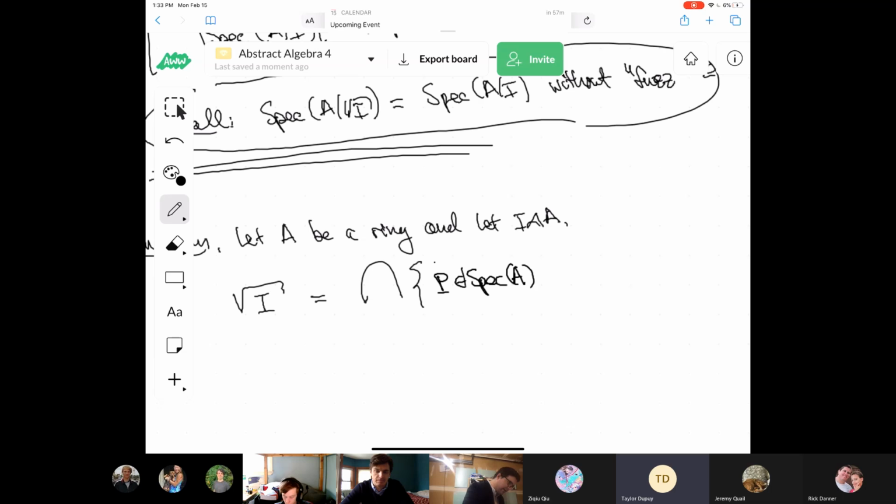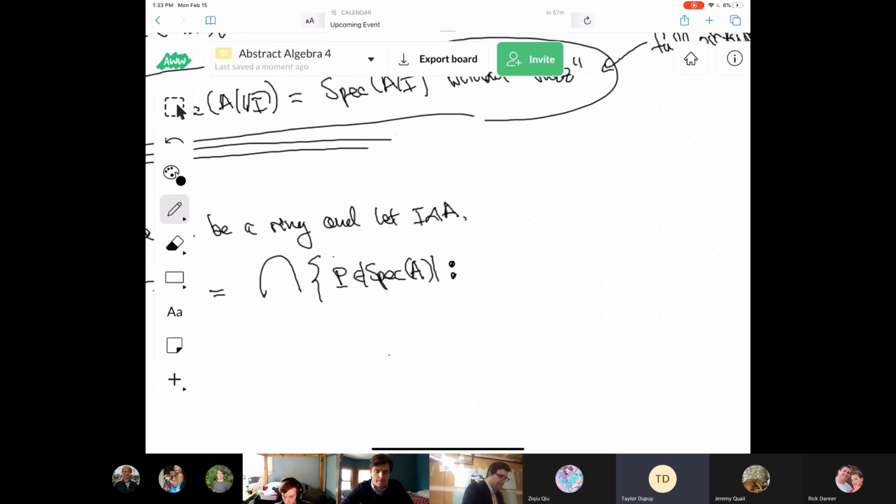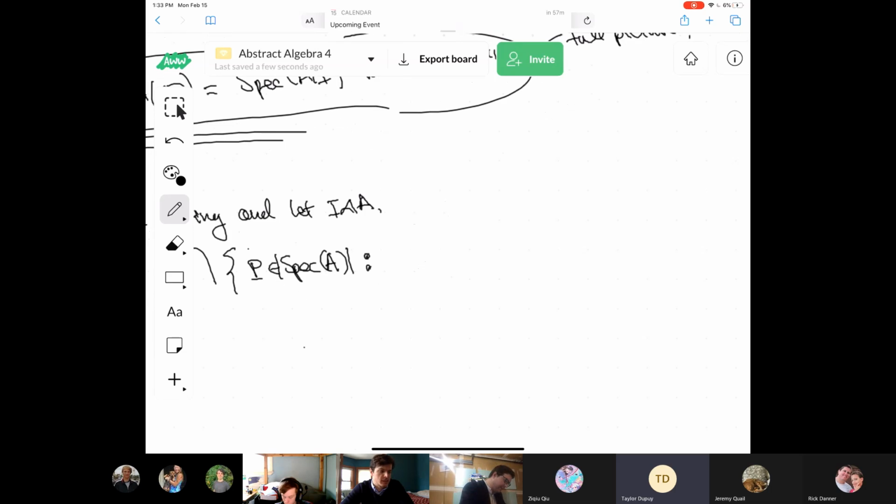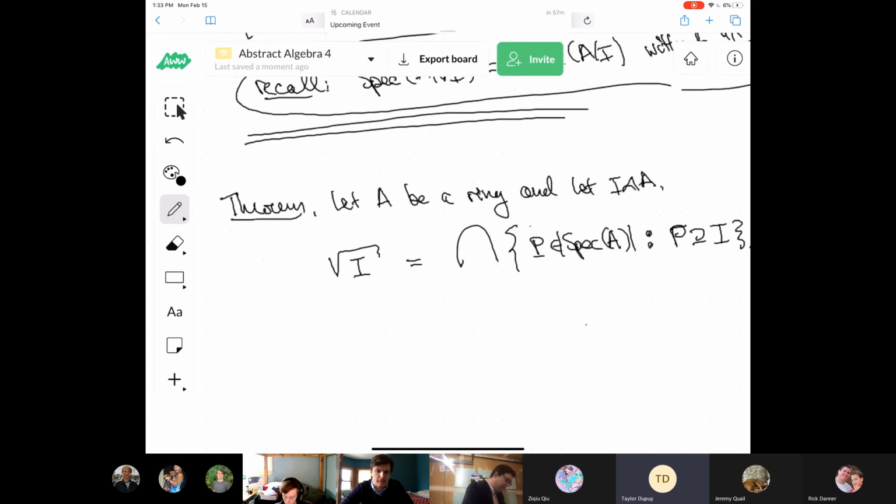Now I'm going to do the topological space thing, and maybe I'll change the notation everywhere. You put an absolute value around Spec A to denote that we're only working with this topological space, of P containing I. So I want to show this.